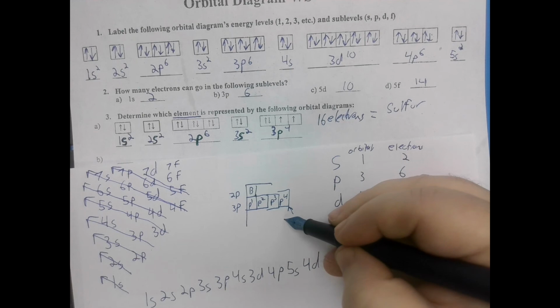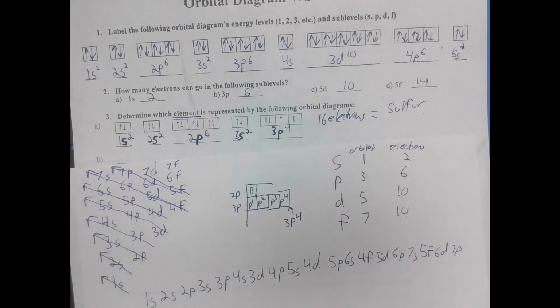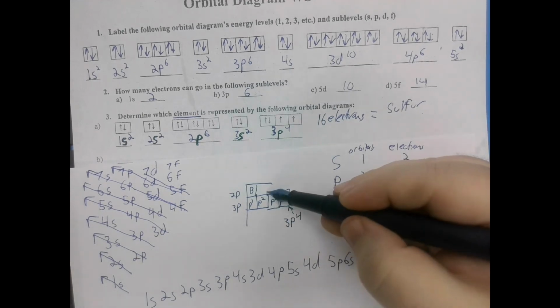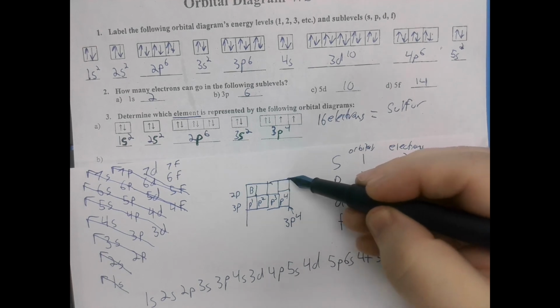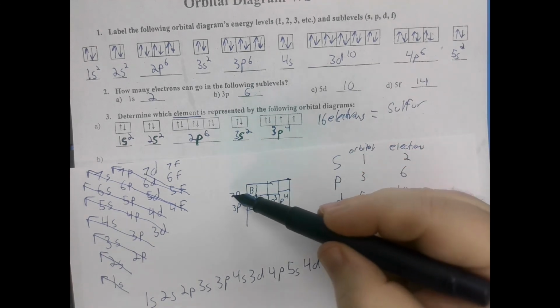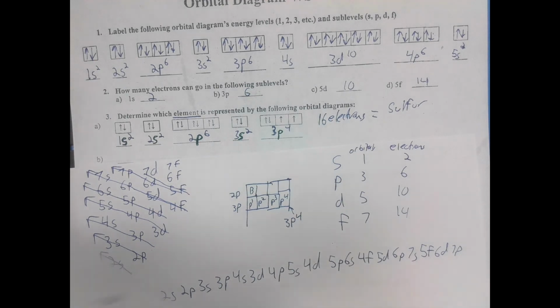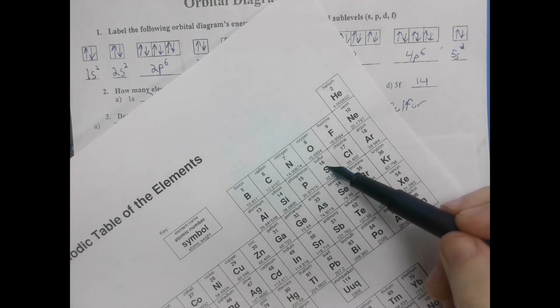So this block right here is 3P4. So going 2P, 3P right here, looking at it, this is 3P4.